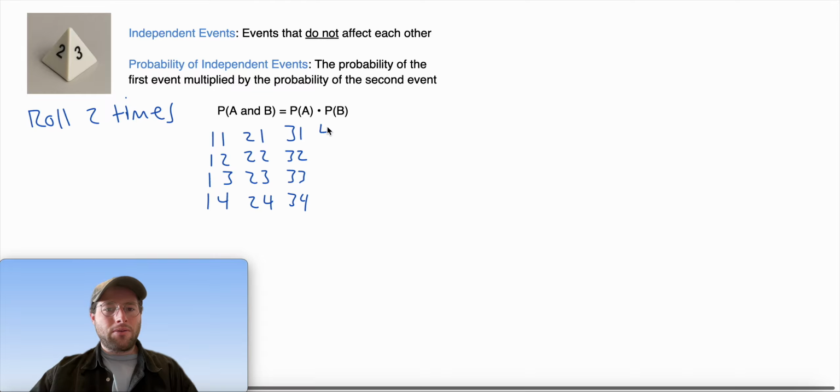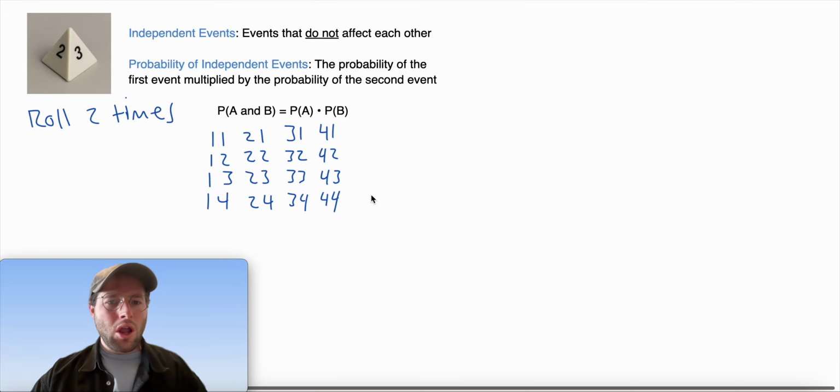And then we can have 4 and 1, 4 and 2, 4 and 3, and 4 and 4. Okay, so this right here will be our sample space. These are all the possible outcomes that might happen if we roll this four-sided die 2 times.